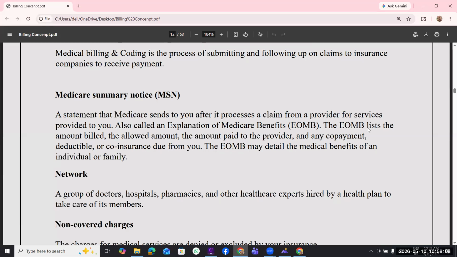The EOMB lists the amount billed, the allowed amount, the amount paid to the provider, and any copayment, deductible, or coinsurance due from you, the patient. The EOMB may also detail the medical benefits of the individual or family.